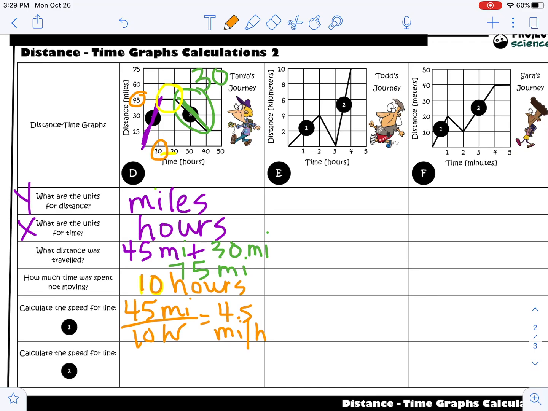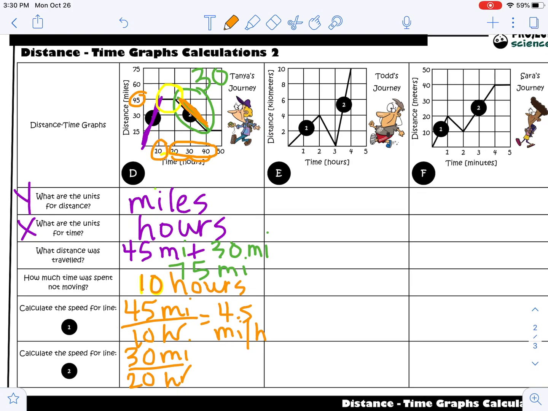Then it's the second one, which is a little bit more difficult to look at. We saw that the distance here was 30 miles. This line is covering 30 miles. When we think about how much time has elapsed, it's right in here, 20 to 40, so that would be 20 hours. Here's 10, here's 20.